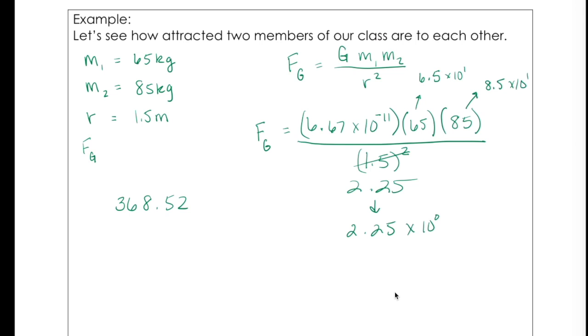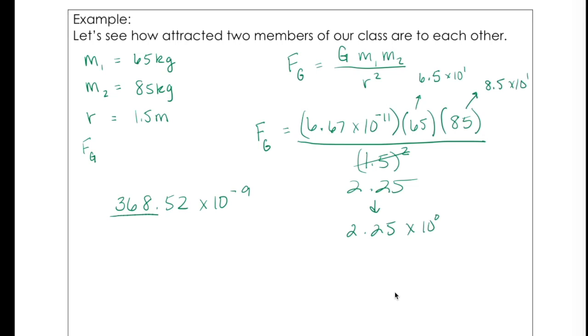And then times 10, and to find our exponent, because we're multiplying these together, we're going to add the exponents. So we have negative 11 plus 1 plus 1 from the values here. So negative 11 plus 1 plus 1 is going to give us negative 9, sorry.